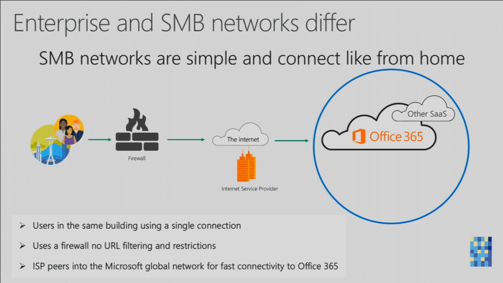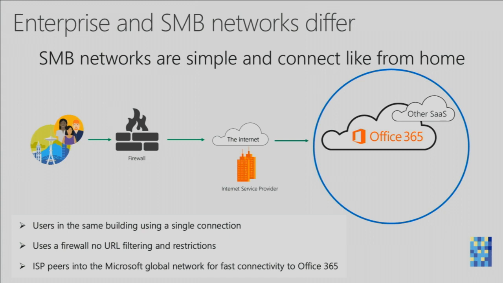So first up, I want to talk about what is enterprise connectivity, because much of what we're going to talk about today doesn't apply to small businesses connecting to Office 365. And the reason it doesn't apply is connectivity in a single Office business is usually really simple. And it's those really simple networking situations that we don't have to give this advice for, and we don't have to work through all this planning.